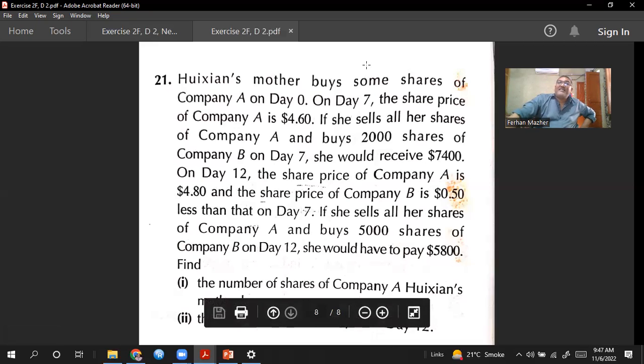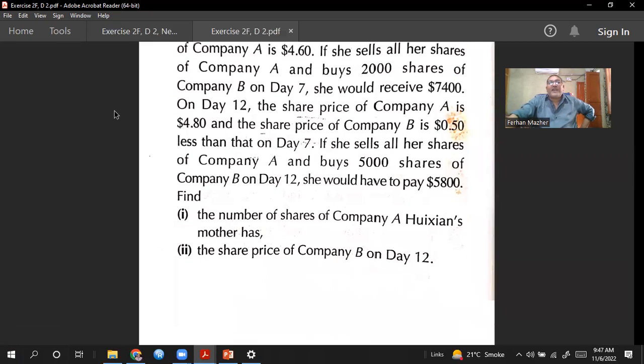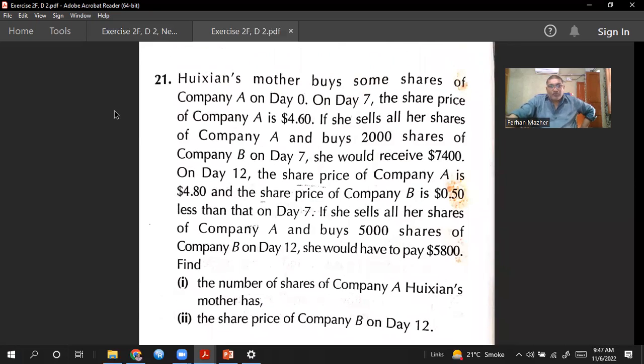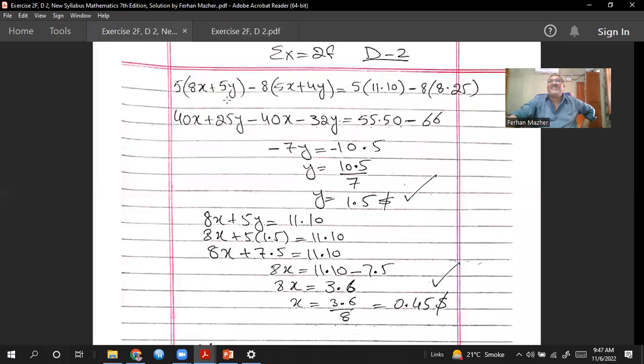The second part is the share price of company B on day 12. Okay, so it's a very, very tricky statement.